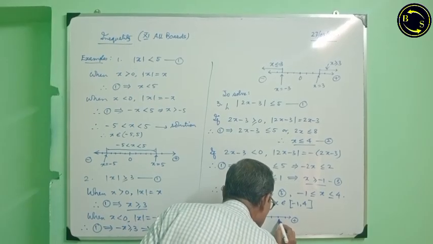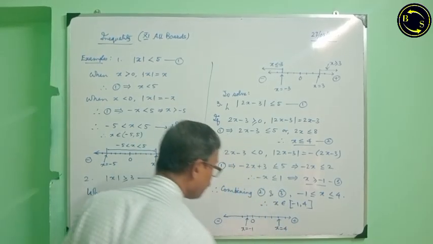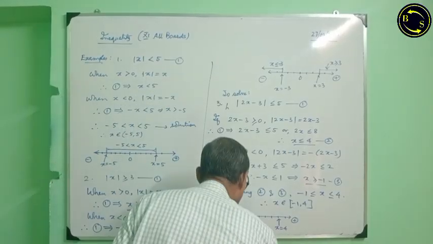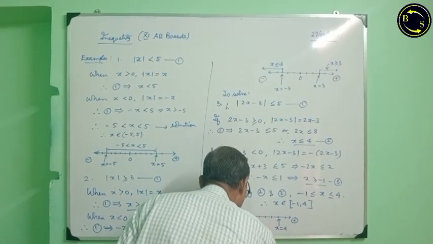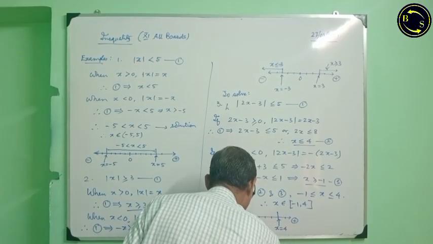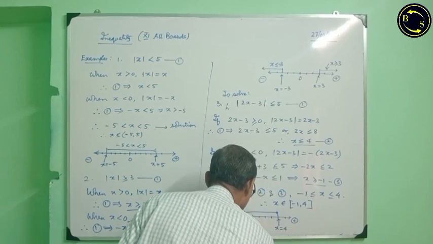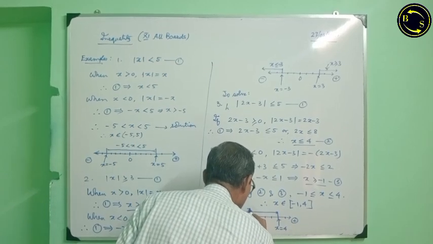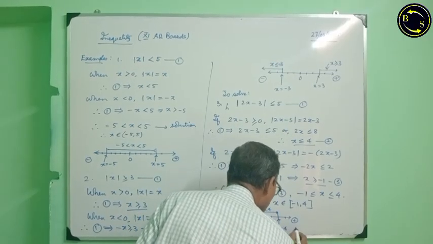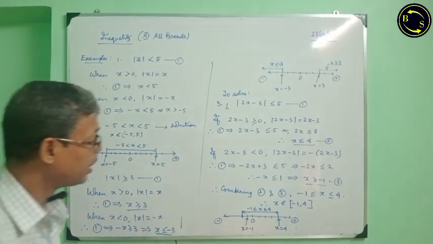This is x equal to 4. Now x lies in between minus 1 and 4. Therefore, this is the representation on the number line.